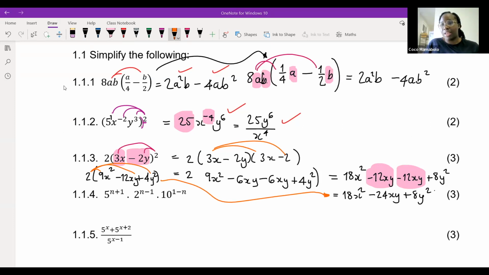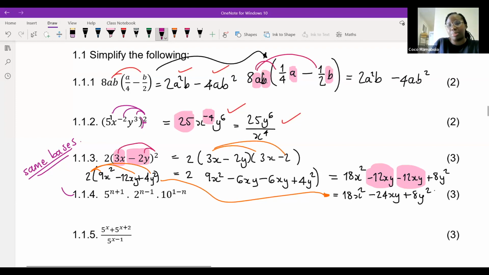All right. We're a bit on a crunch for time, so I want us to move a little bit faster. All right. Let's look at 1.1.4. Now, whenever I see my exponents or the thing that I'm trying to solve for, my x or my n in my exponents, I automatically know that I'm going to need same bases so that I can compare exponents.